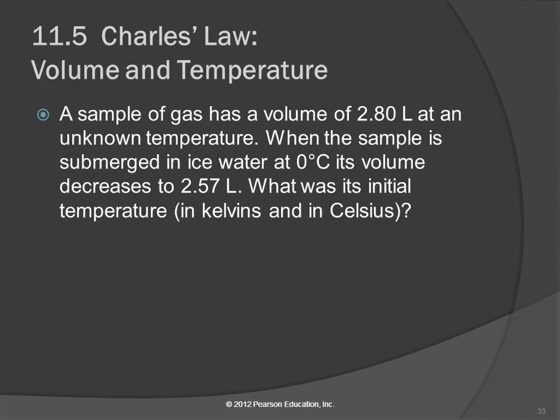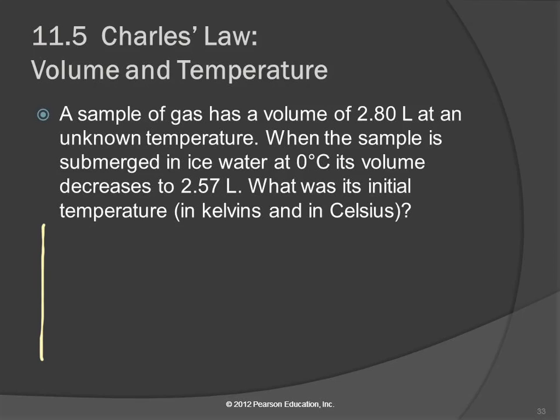You're like, okay. So what I showed you for Boyle's law is let's make a table and organize these numbers so we can keep them straight. So we'll read through the question again and just write down these numbers as we come across them. A gas has a volume of 2.80 liters.